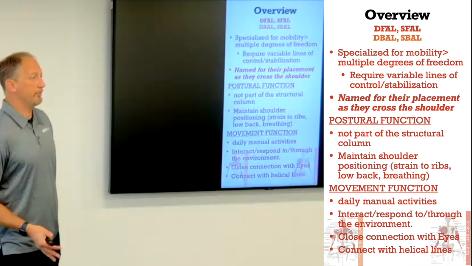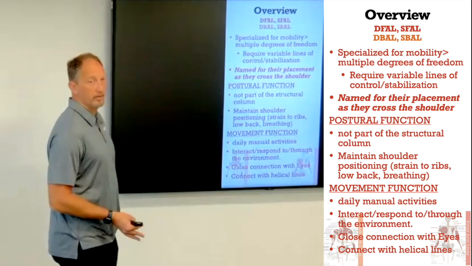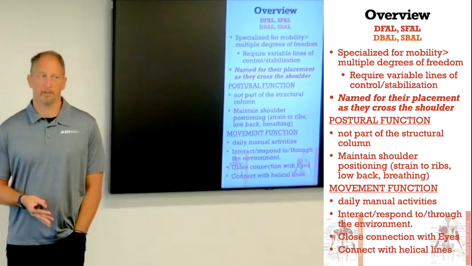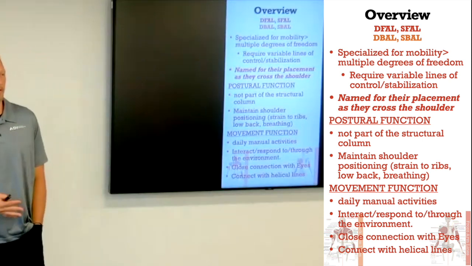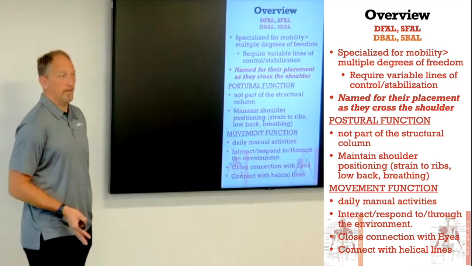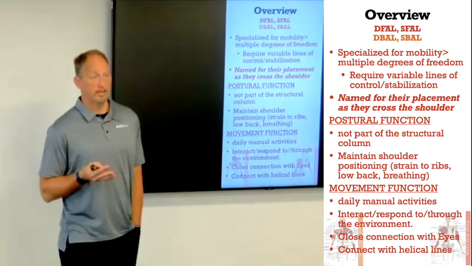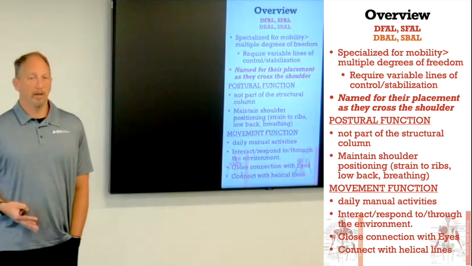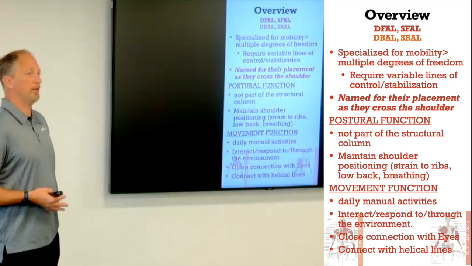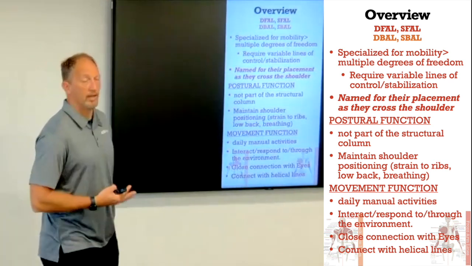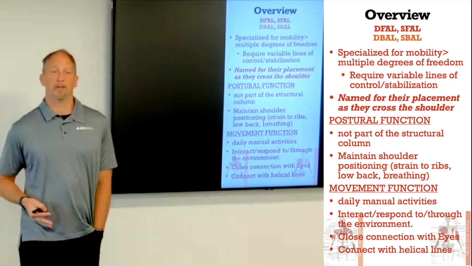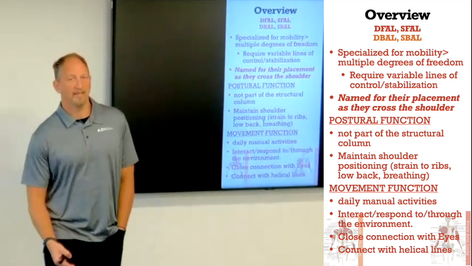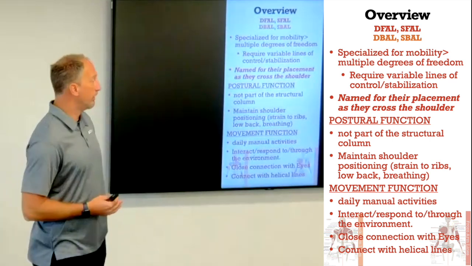Our legs are directly tied to our pelvis. Our legs can't work in isolation because the entire function of our legs is to move us around in the world. The entire function of our legs is locomotion and changing levels, getting up and getting down. To do that, the pelvis and the lower extremity have to work together. The pelvis and the trunk have to work together, which is why when we talk about the lower extremity and the legs, those lines encompass the legs, the pelvis, and the trunk.